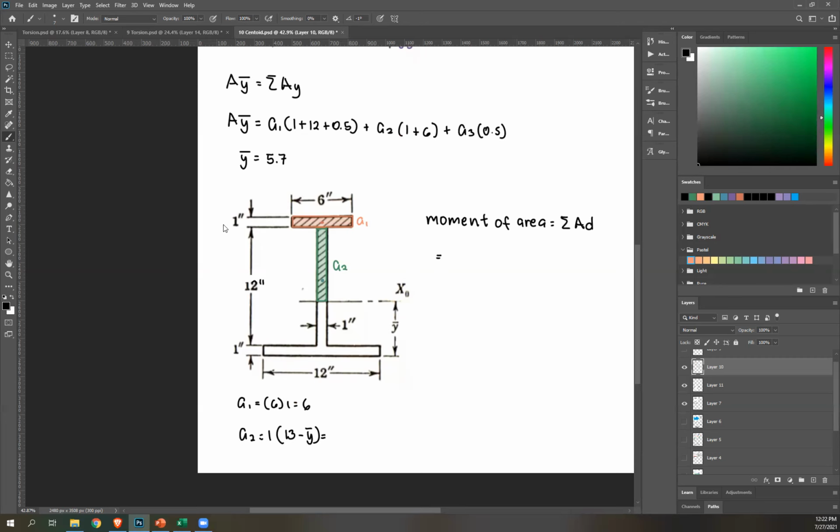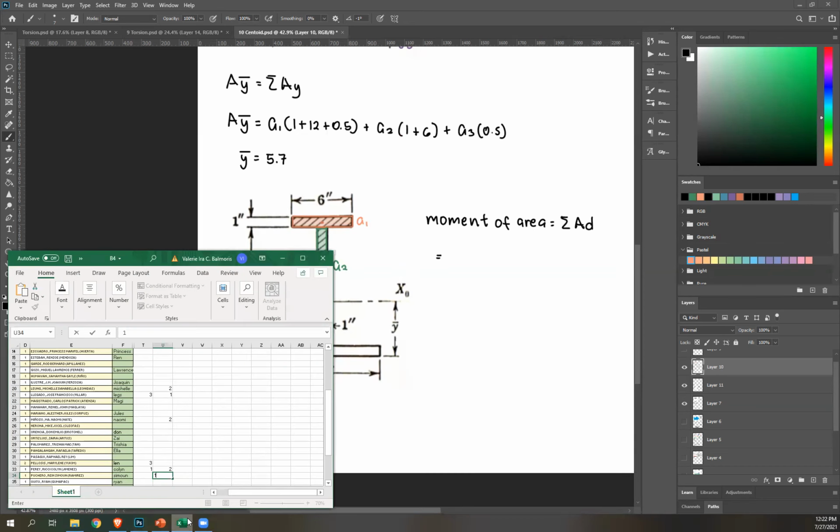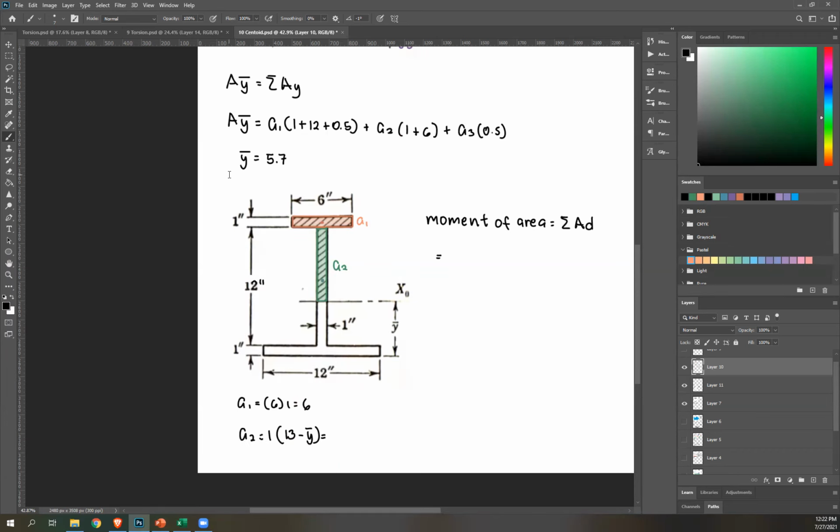Correct, 7.3. Again, it's not 12 minus y bar because we still have a 1-inch height here. So 13 minus y bar is 7.3.